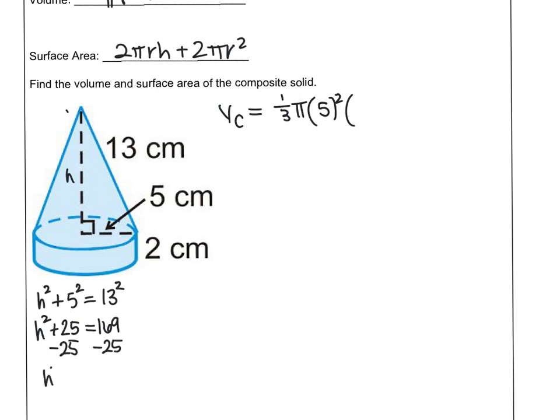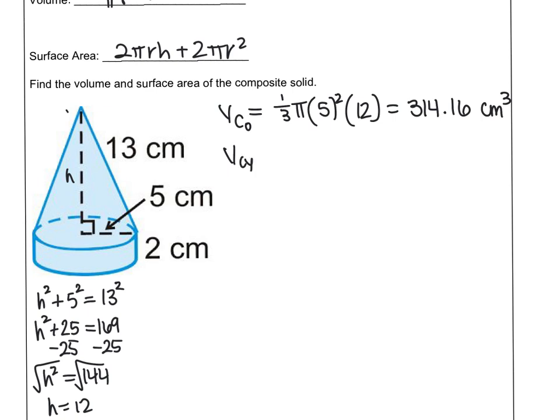Subtract 25 and we get h squared equals 144. Take the square root and our height is 12. This is the cone. So we do 1/3 times pi, 5 squared is 25, times 12, and we get 314.16 centimeters cubed.